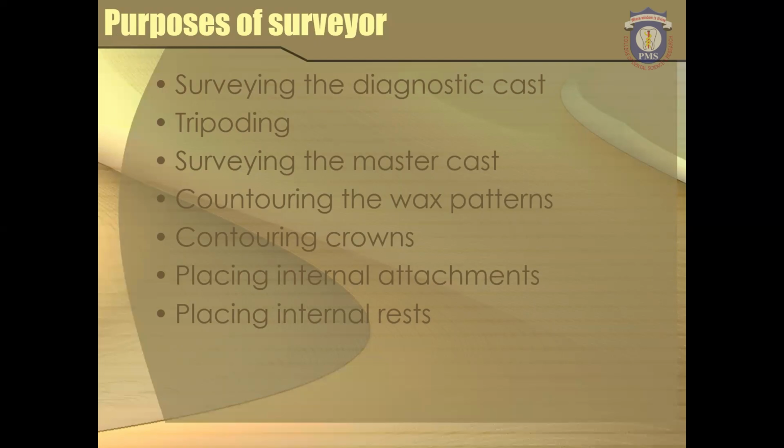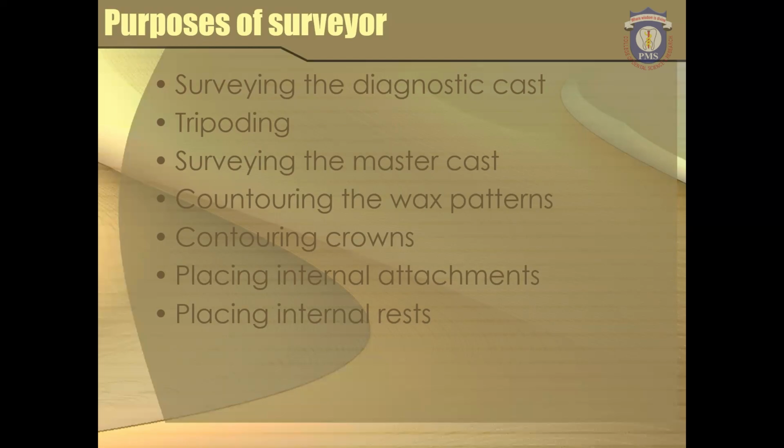So coming to the first point, surveying the diagnostic cast. Before designing the cast partial denture, you need to identify the undercuts, interferences, and relative parallelism. Okay, all these need to be identified. So surveying the diagnostic cast will aid in all these.